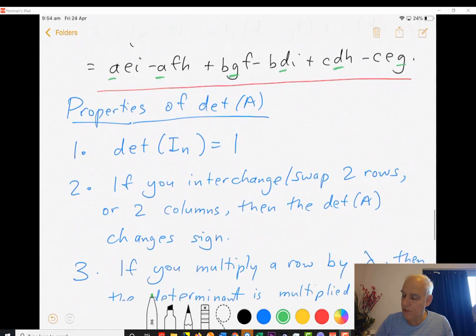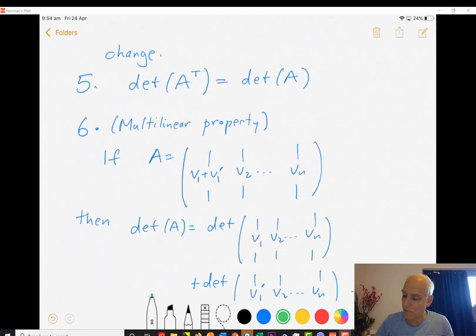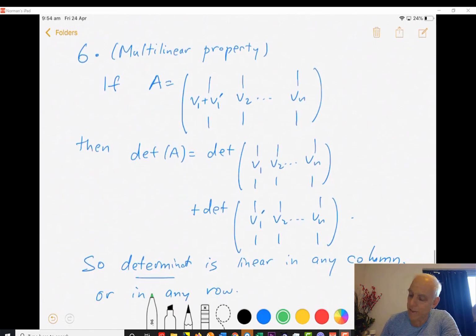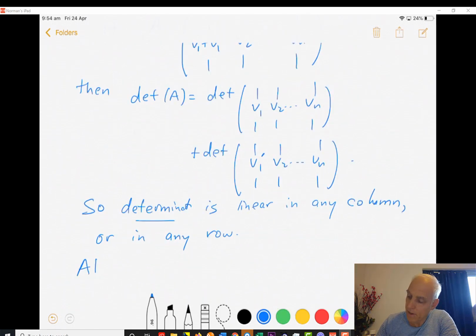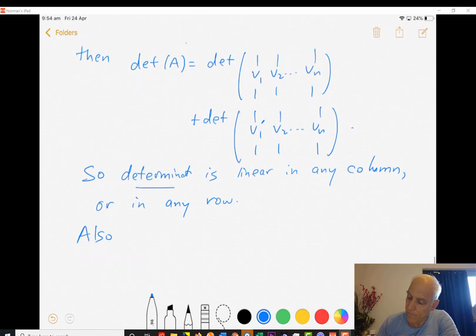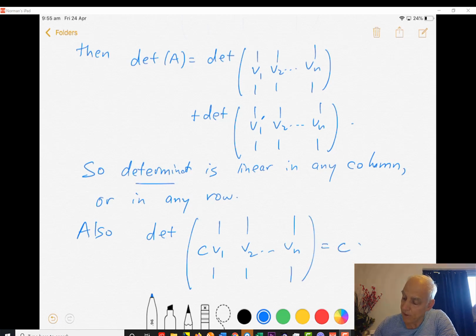Which makes me think I should probably also mention that this multilinear property is one part of it. The other part is that if I take the determinant of C times V1, so if I multiply the first column by, say, C, and take the determinant, what I'm going to get is C times the determinant of the original matrix V1 through Vn.